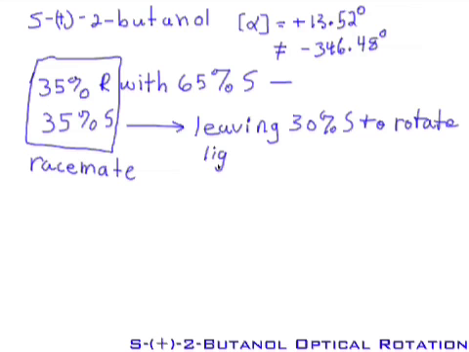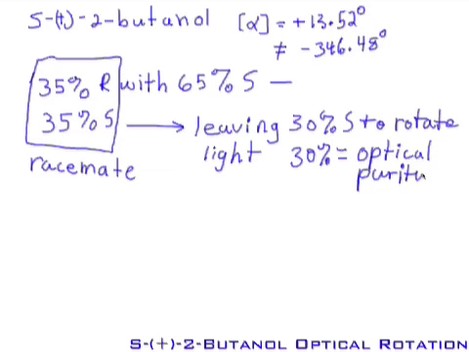And that 30%, therefore, equals the optical purity, what we call optical purity. Now I can use this value of 30% and solve for the specific rotation of what we'd see for the mixture. What do you mean?